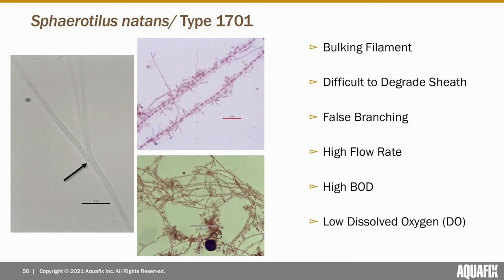If cells are intact, that means they're likely growing within your plant and they favor conditions with low DO or high BOD. It's important to identify the source and health of these filaments in order to treat them properly. Wasting is not going to be an effective treatment against these filaments, as they can anchor to surfaces, making them difficult to remove. But if the filaments are dead, wasting can be an effective way to remove the sheaths.